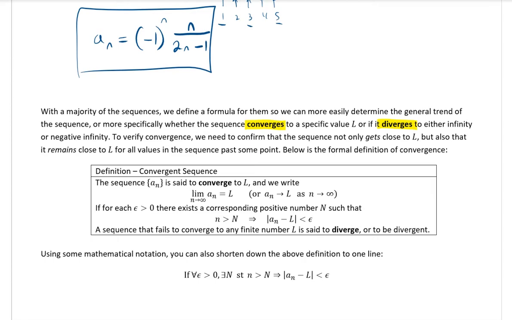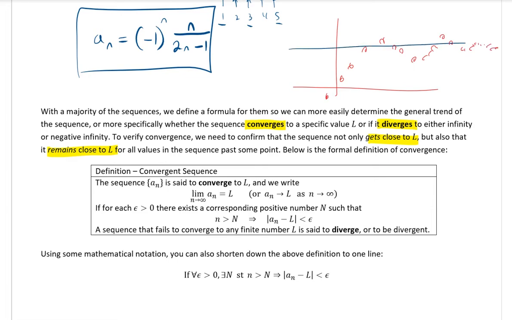Now, when we talk about a convergent sequence, what we really mean is that the sequence itself is not only getting close to some value, but also that it remains close to that value. So, if I say that a sequence converges to some value overall, then on a graph, I would have some points that are going up, maybe they're going down, and they're converging overall to some value.